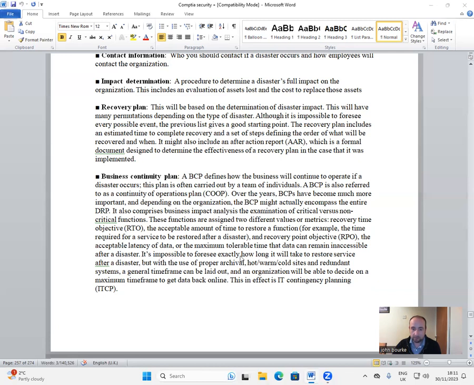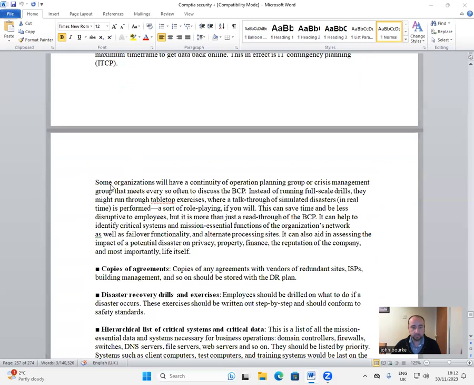It's impossible to foresee exactly how long it will take to restore service after a disaster, but with the proper use of archival, hot, warm, cold sites and redundant systems, a general time frame can be laid out, and an organization will be able to decide on a maximum time frame to get data back online. This is in effect IT contingency planning, ITCP.